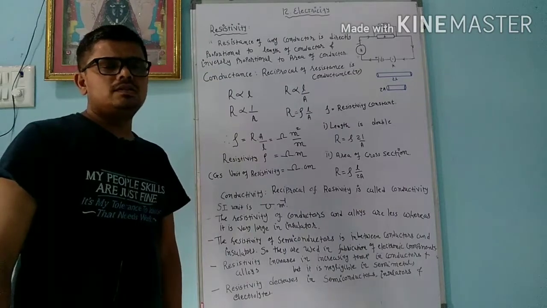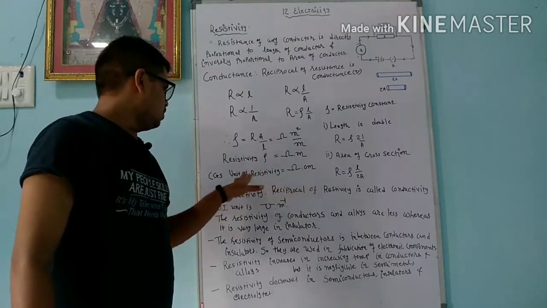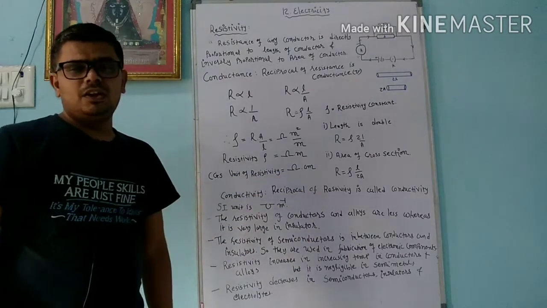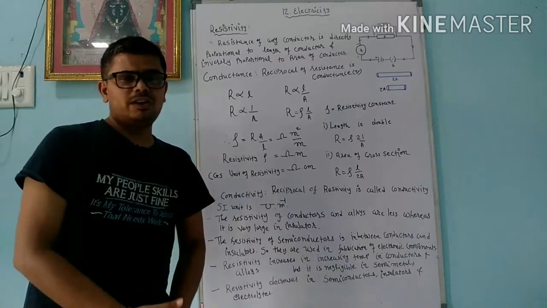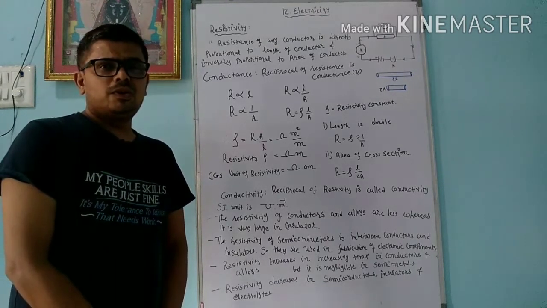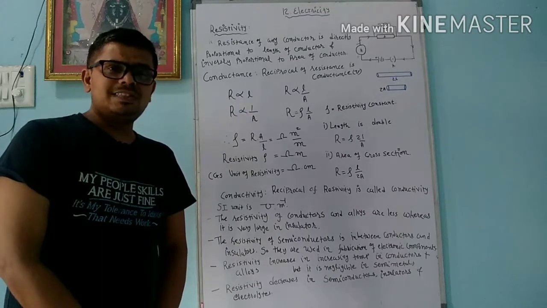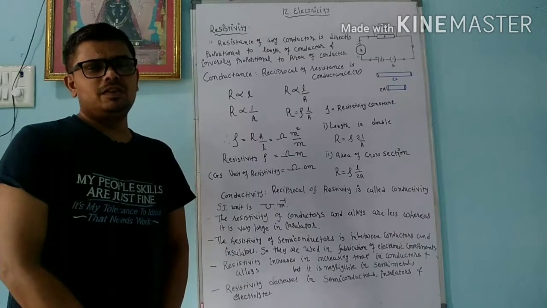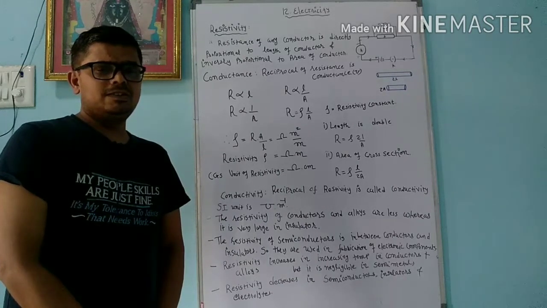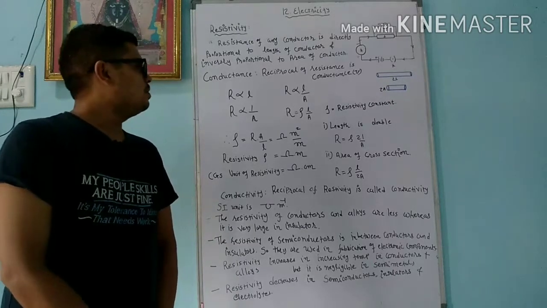According to the CGS system, instead of meter we write centimeter, so the CGS unit of resistivity is ohm into centimeter. Now dear student, there is another property called conductivity. Resistance and resistivity are different, and conductance and conductivity are different. First we will understand conductance. The property of a material which allows the flow of electrons is called conductance.